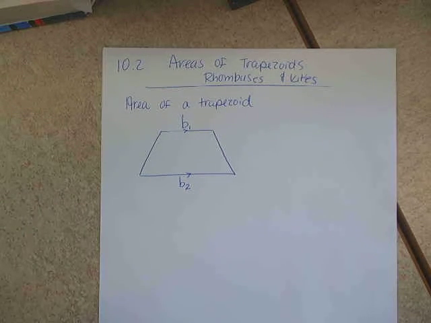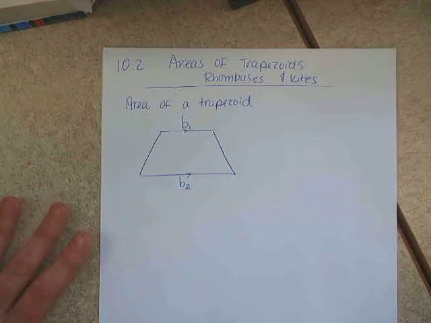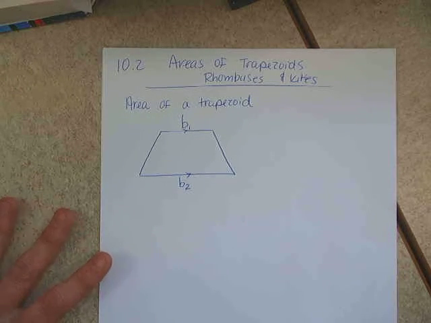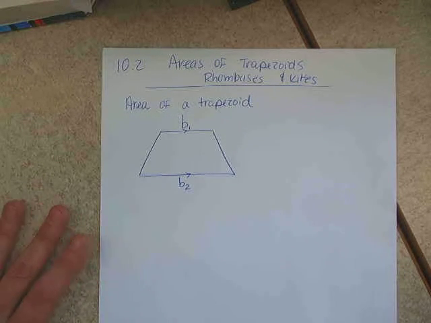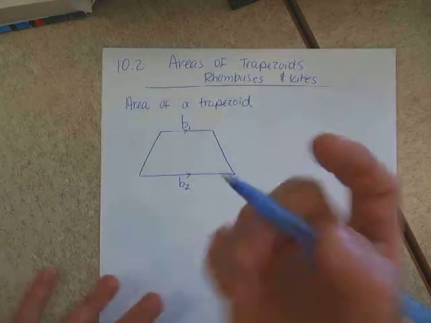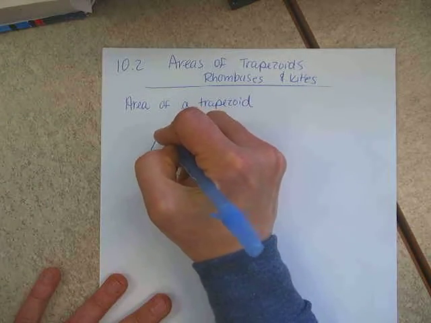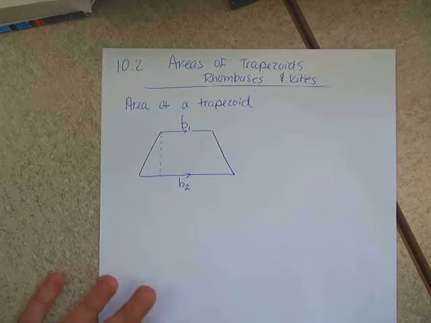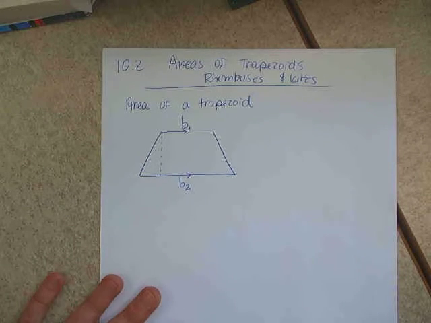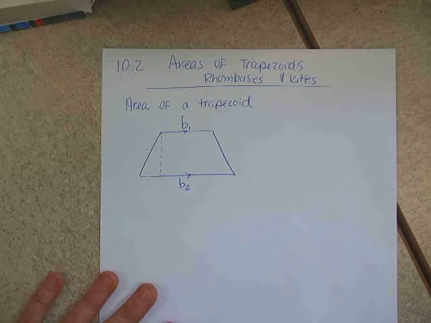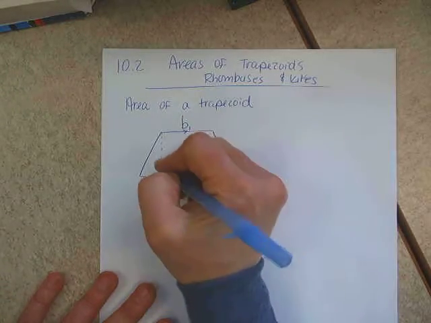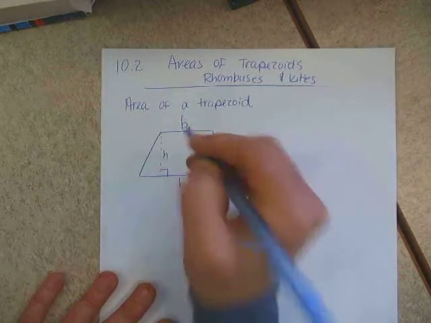A consistent theme throughout all of the areas that we're doing is your height has to be perpendicular to your base. Generally the height is drawn creating a triangle. It doesn't have to be that way. As long as it's the perpendicular distance between the two bases, you can use it as a height.